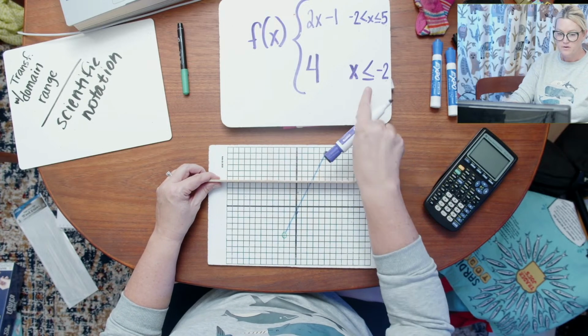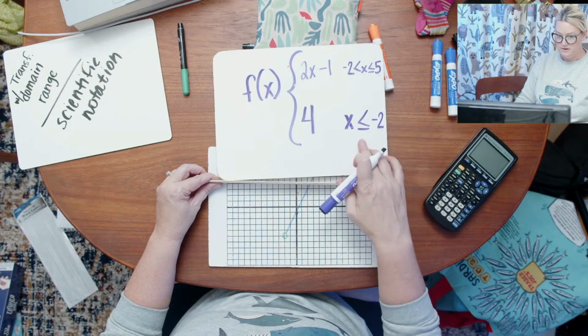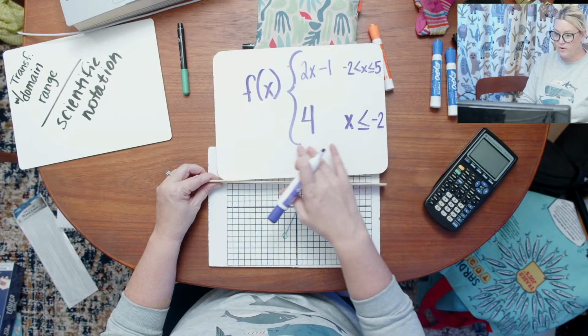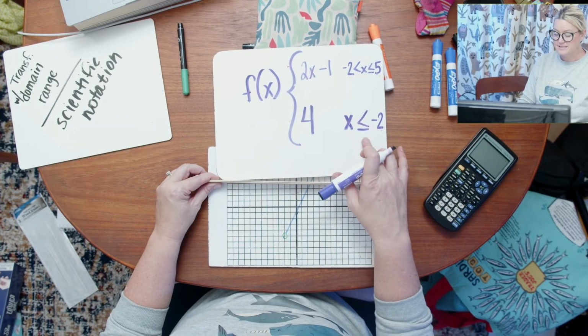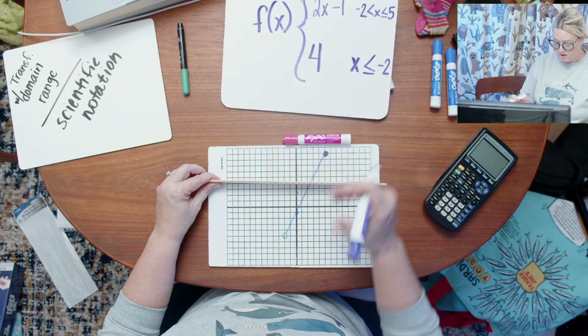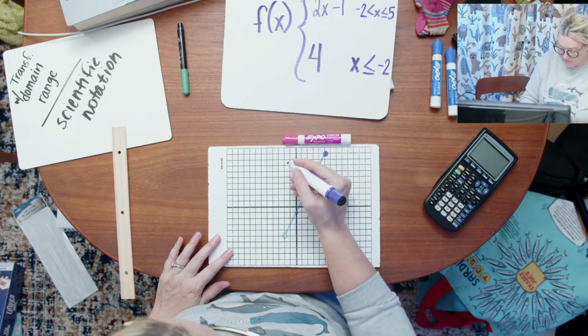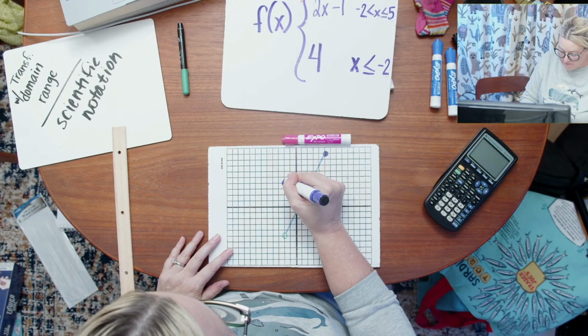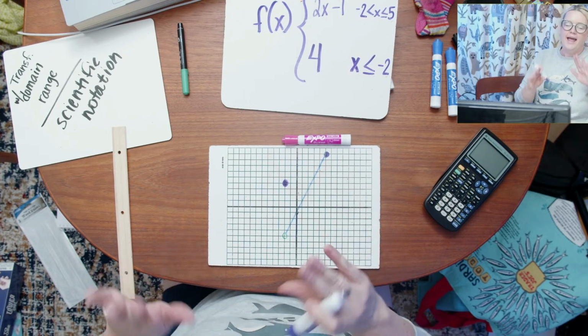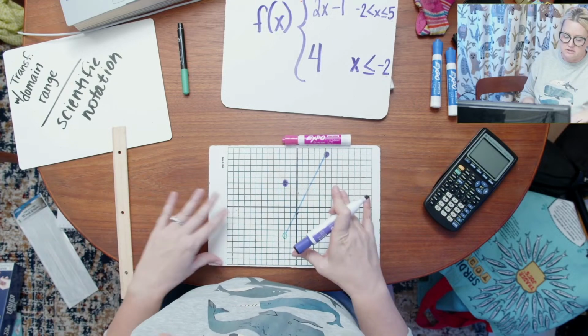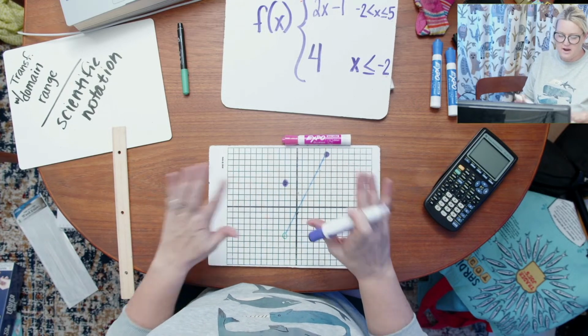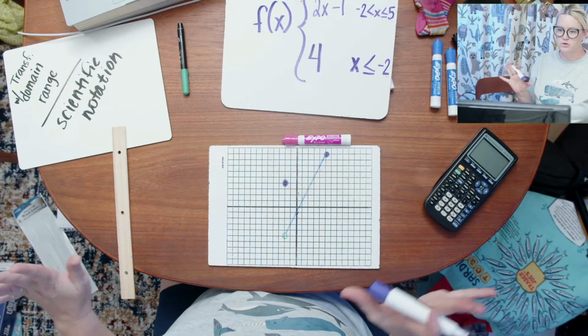Now, we've got that limit, right? It's only going to be there when x is less than or equal to negative 2. So when x is negative 2, I'm going to go 1, 2, 3, 4. I'm going to put in a filled in circle. And I'm really exaggerating these just so you guys can see, right? These dots and everything, I'm exaggerating them so you can see them.